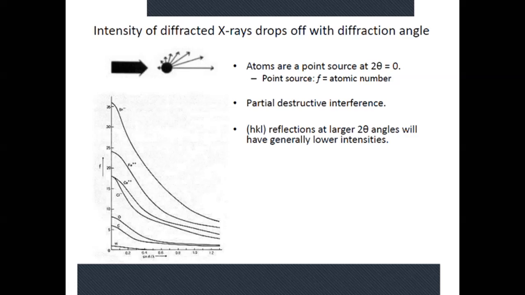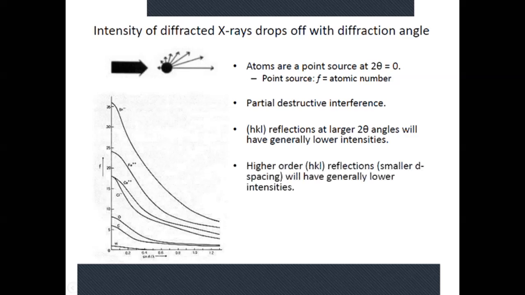So if you have a crystal structure that contains a lot of heavy elements, say an iron oxygen complex, iron is a very strongly diffracting atom. So even at higher 2 theta, you may get relatively more intense HKL reflections because iron is still scattering quite effectively. Higher order HKL reflections refer to smaller D spacing, which generally have lower intensities.